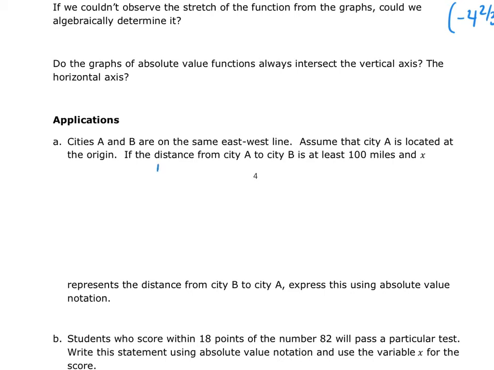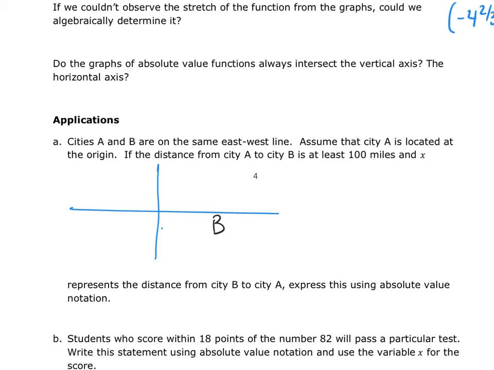So the first thing I'm going to do is draw the graph. City A to City B, here's City A, here's City B. And they tell us that they're on the east-west line. City A is at the origin, so let me move that to where it needs to be.